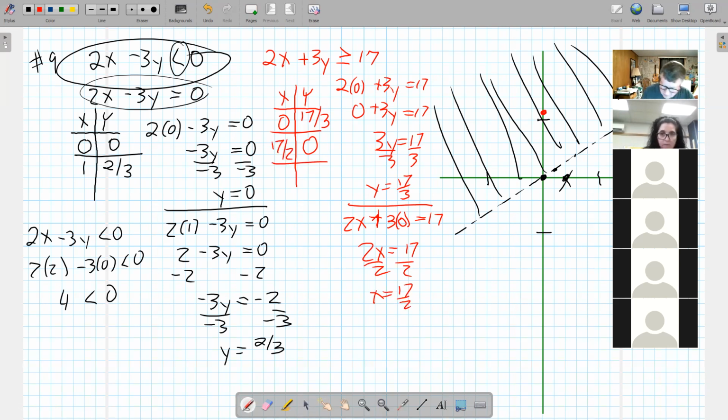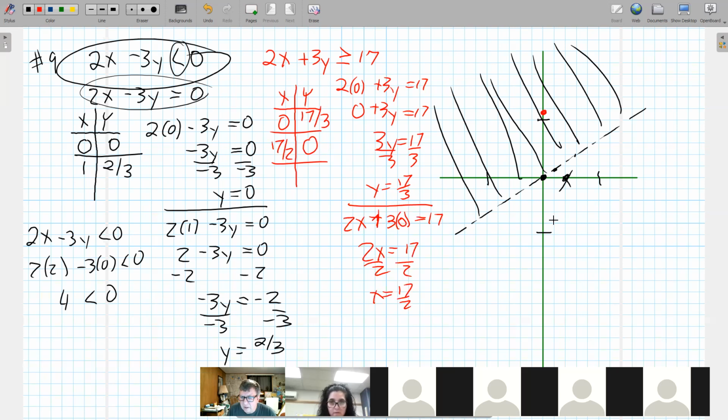Wow, not nice at all, is it? Okay, so when x is 17 halves, which would be 8.5. So hang on here. I'm going to move this out of the way. 8.5 would be right about there.